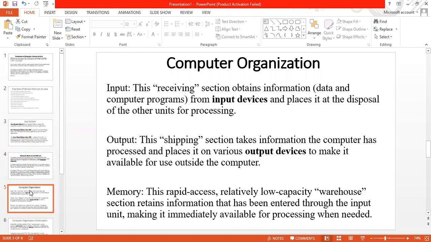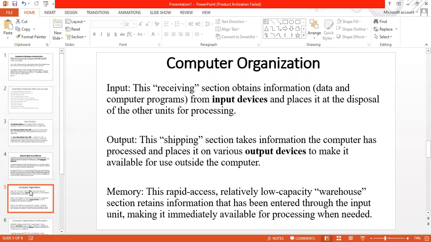Our computer is well organized. When I say organization, it is divided into five parts, and they are very, very important going forward.